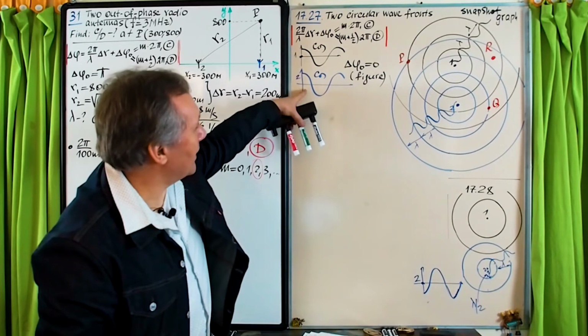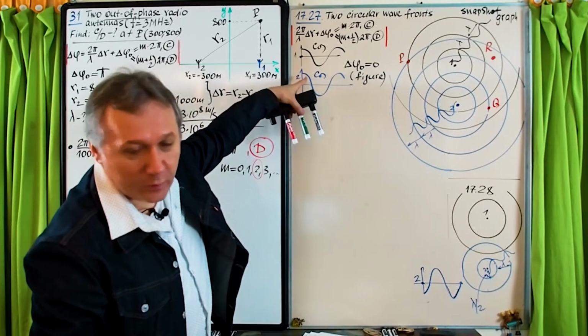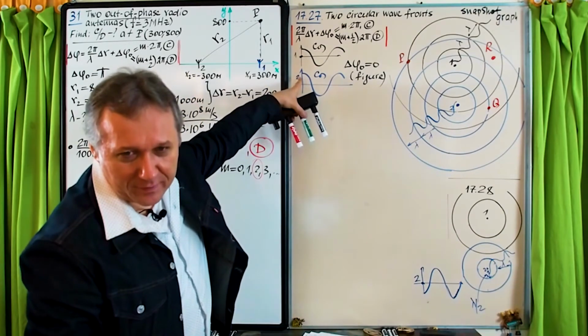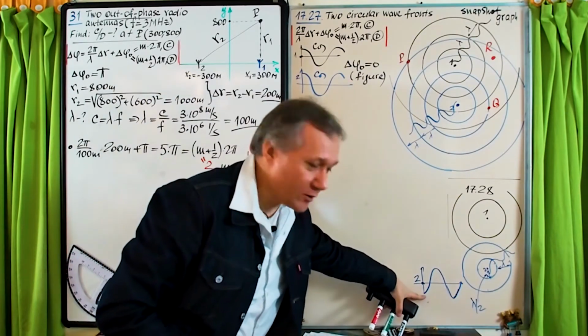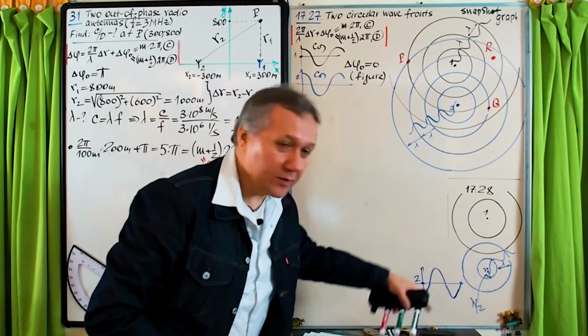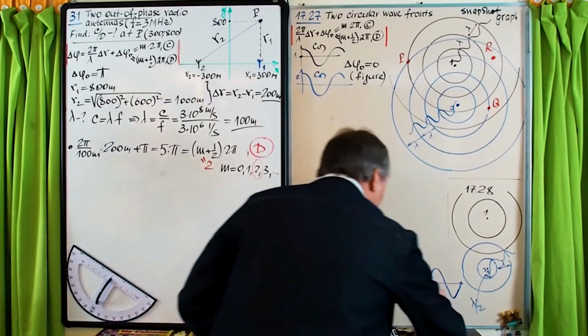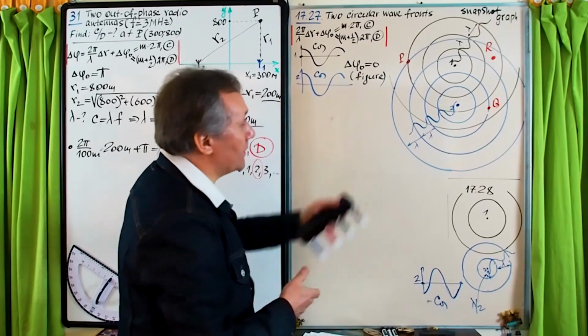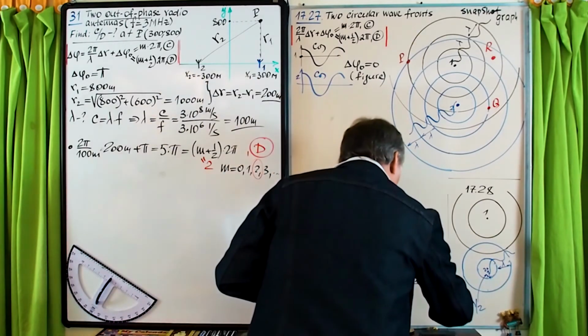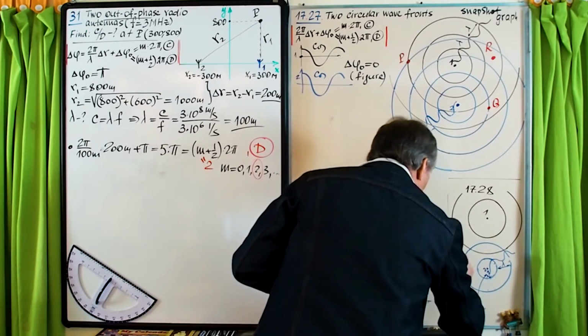Here we had cosine, you see it started from the crest, right? But now at the source we have trough and then the crest. So this is a minus cosine function. And the first source is exactly the same as in the problem which we're discussing now.